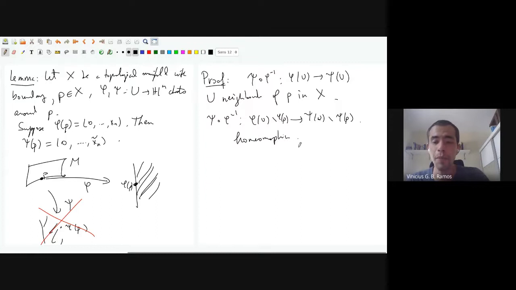But anyway, it's a homeomorphism of subsets of Rn. So now, if you know enough about homeomorphisms of open sets in Rn, then you're done. So basically, if phi of P has the first coordinate 0, then when you look at phi of U minus phi of P, this is contractible.